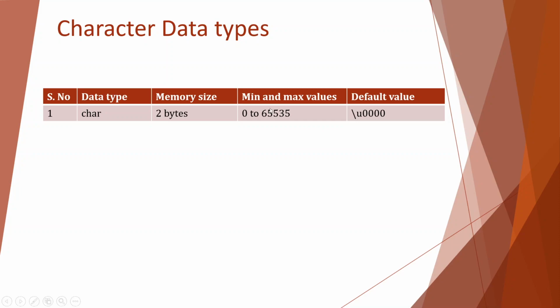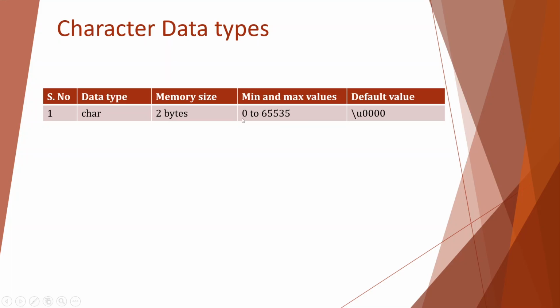So let us understand why we have an integer value range for the char data type. Any character we store in a char variable will be converted to its integer constant value, which is the ASCII or Unicode system code, and that integer value will be stored in memory.